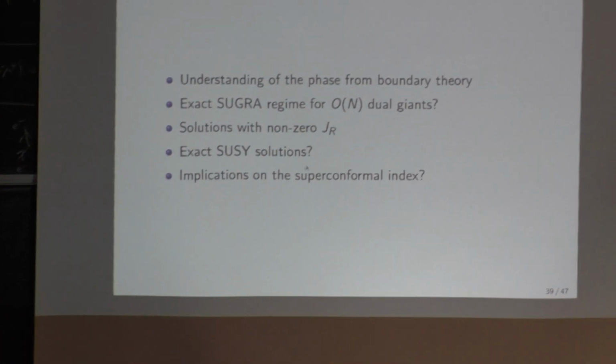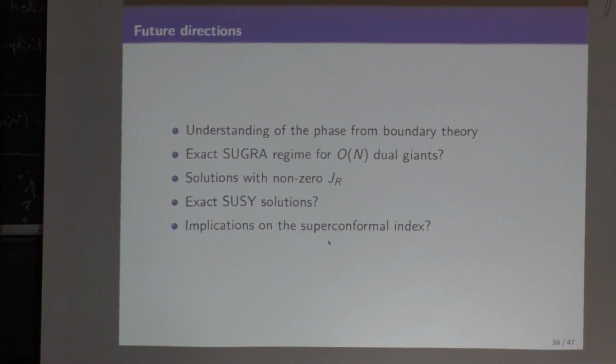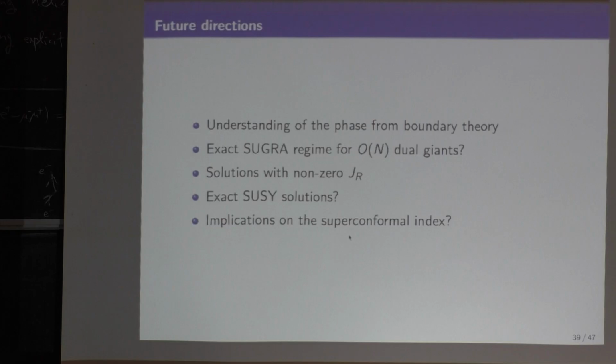And then we also have some implications on the superconformal index. This work we have not yet published. But basically what we are observing is that the superconformal index is something which is protected from the boundary theory point of view. And it has been known since 2018 or so that the entropy of the supersymmetric black holes is reproduced by the saddles in the superconformal index.